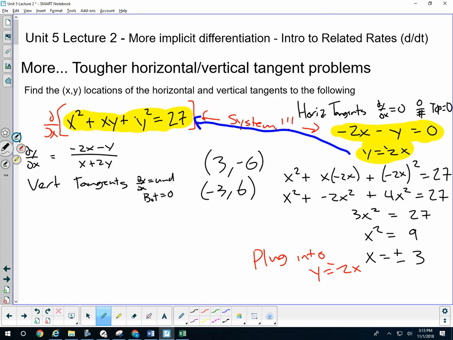Vertical tangents, we want no run, we just want rise, so we set the bottom equal to 0. It's probably easier to solve for x here, and then substitute that into the original system.